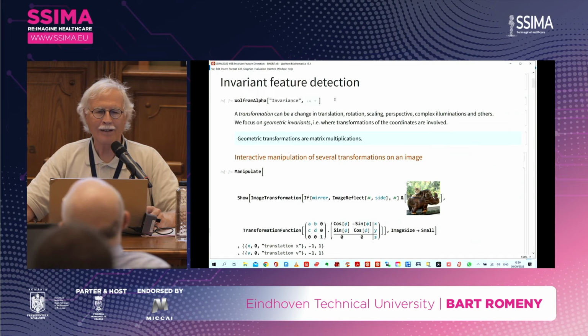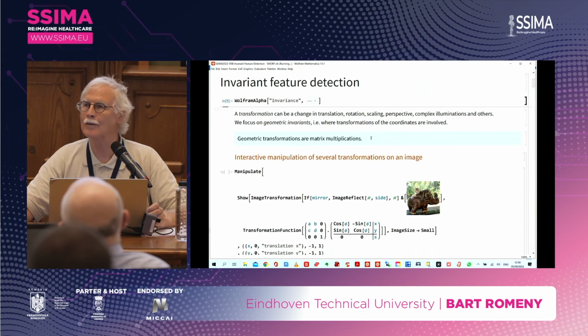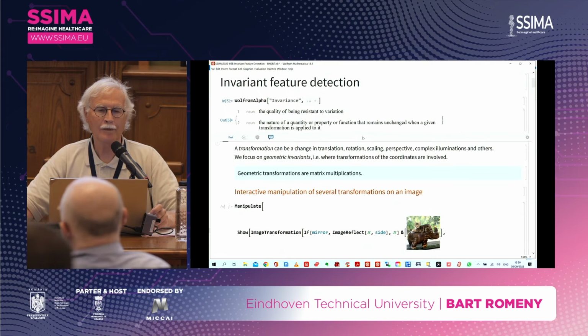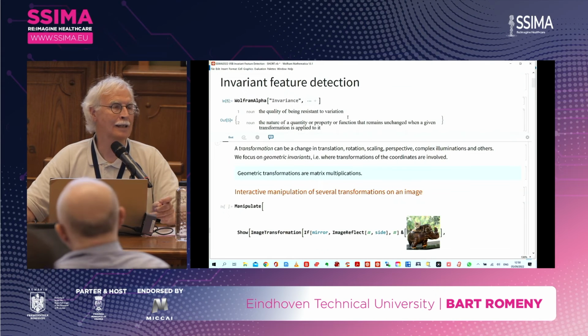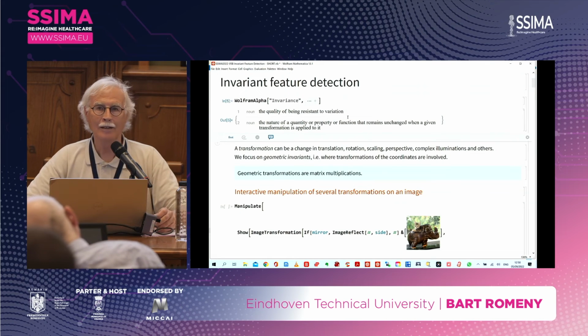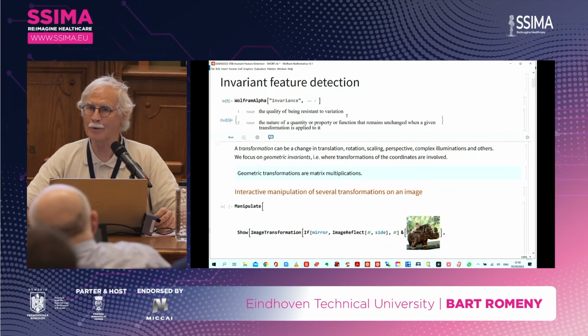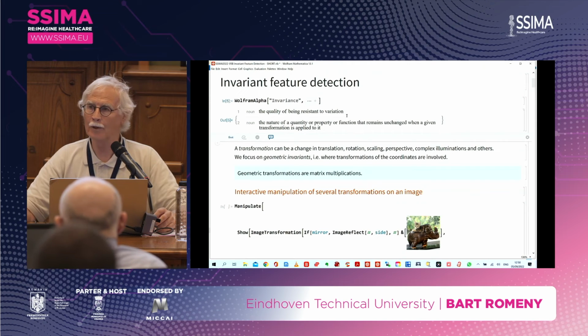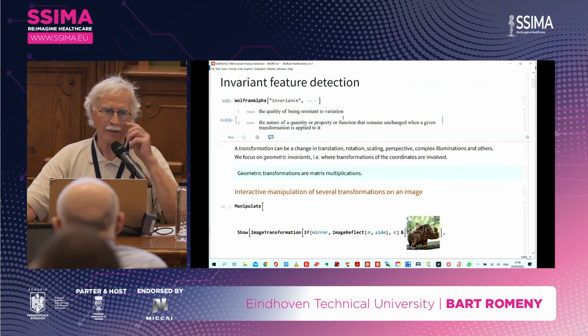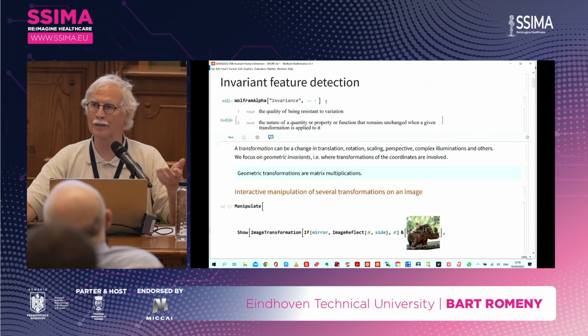And if you look at invariance, you can use Wolfram Alpha. You all have heard of Wolfram Alpha. It's the Wikipedia on the internet. You can ask any question. It's quite sophisticated. It was written by the same guy who wrote Mathematica. And Wolfram Alpha is, of course, very much part of Mathematica.